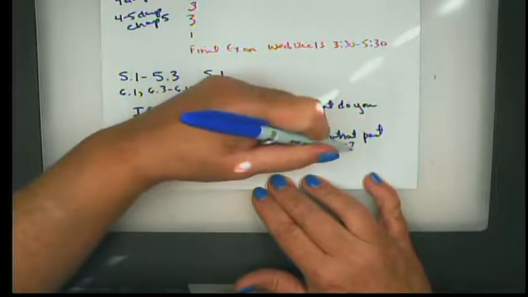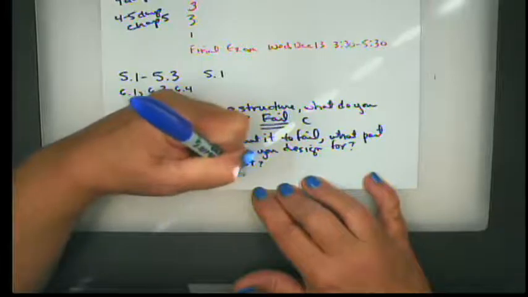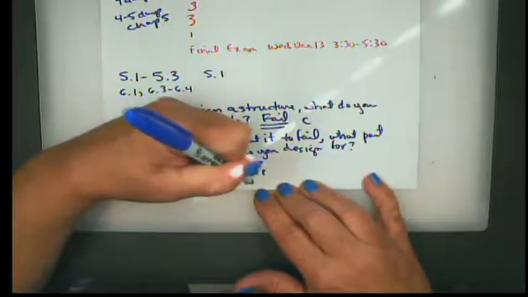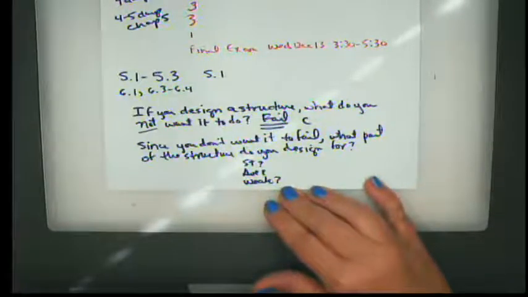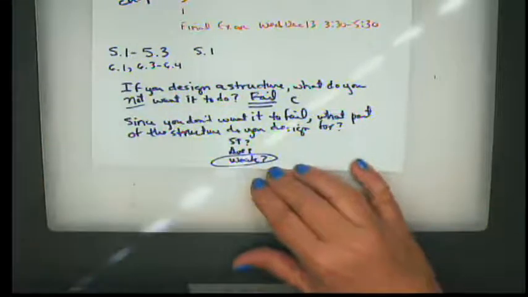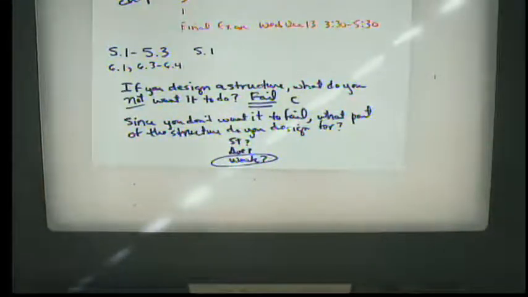In other words, do you design for the strongest part of the structure, the average part of the structure, the weakest part of the structure? Yes, you design for the weakest, because once the weakest part fails, it fails and it's no longer a structure.